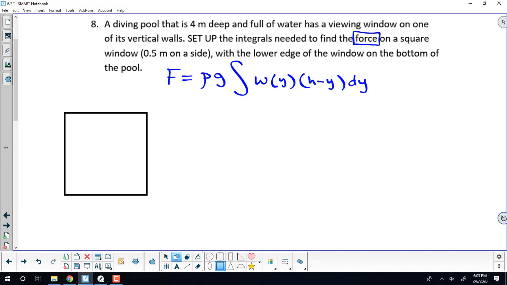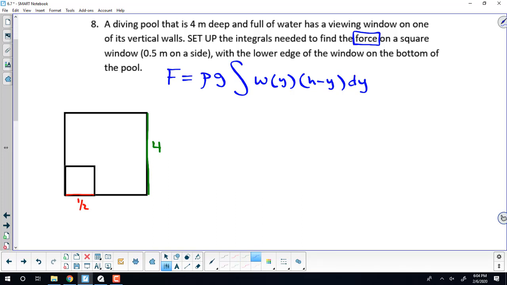Okay, so let's say that's our pool. It looks like a window on a vertical wall. So there's our viewing window, our dimensions. This is 4. So the width function is determined by where we're putting our cross sections.